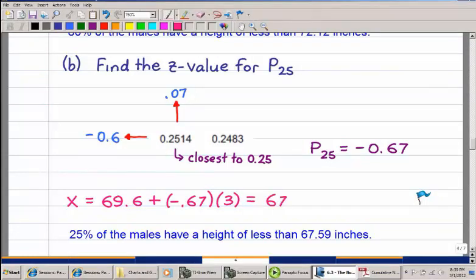So I'll use the answer that I already have written below, but I'll put it in there. 67.59 inches. So in that age range, if you're a male at 67.59 inches tall, you're higher than 25%. You're taller than 25% of the males in that age group.